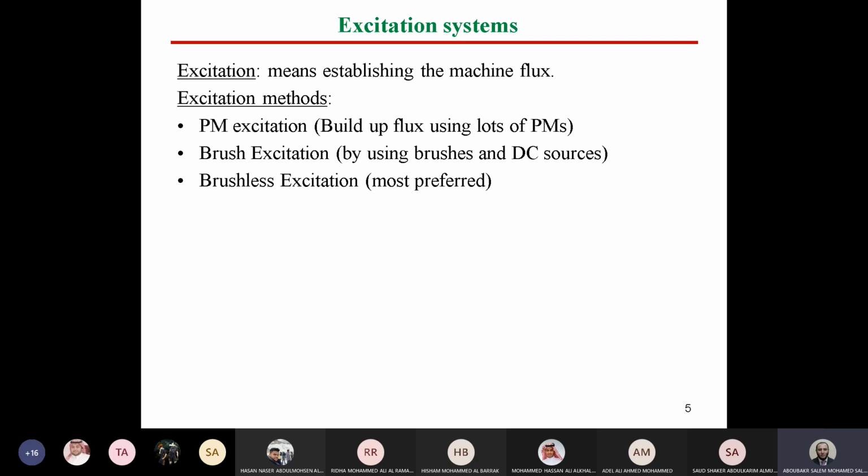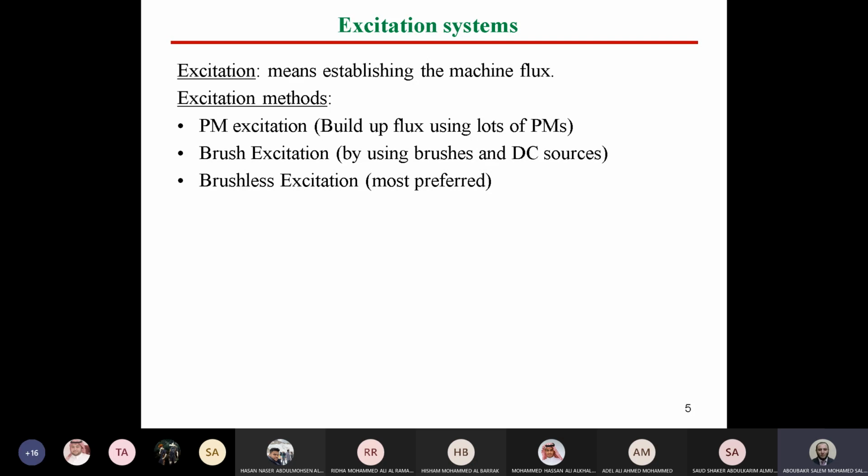Because in generators and power stations, you may find a turbine or generator of around 300 megawatt or megavolt ampere. It's not easy to establish this flux using permanent magnets. Or if you could find permanent magnets, it will be built in many steps, not in one step.